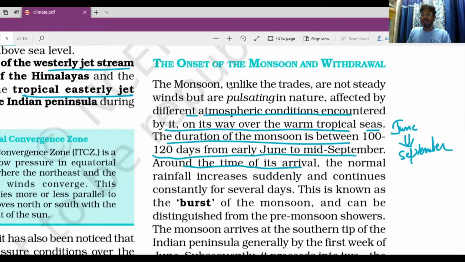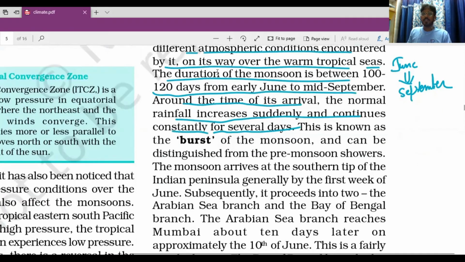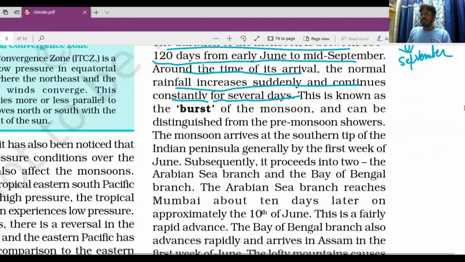Around the time of its arrival, the normal rainfall increases suddenly and continues constant for several days. When the rainfall is occurring continuously for several days, that is known as the burst of the monsoon, and it can be distinguished from the pre-monsoon showers.